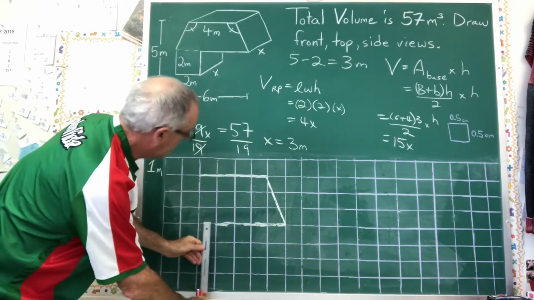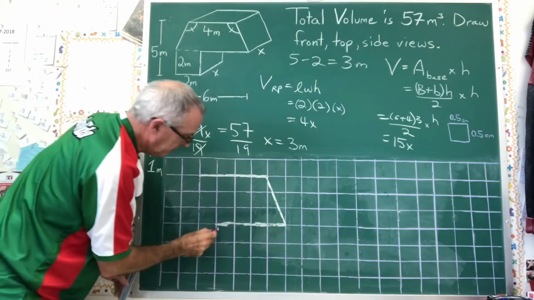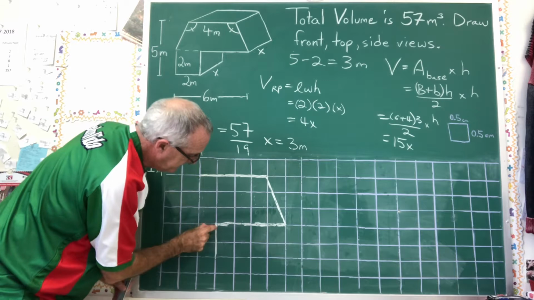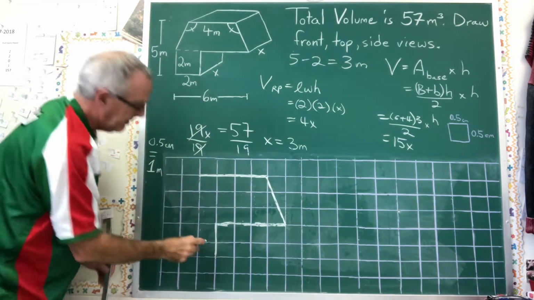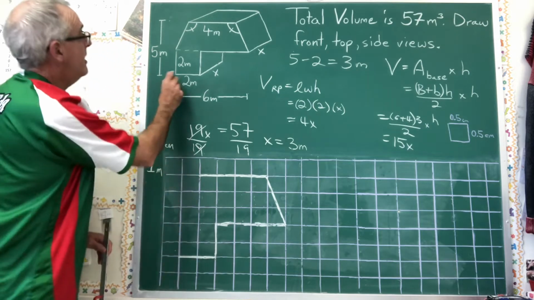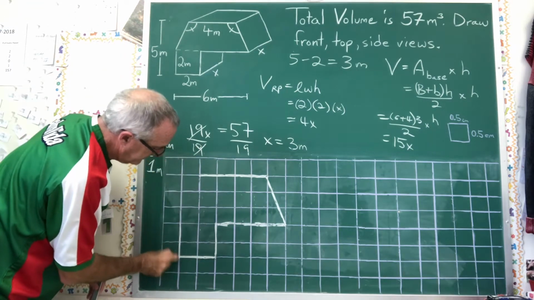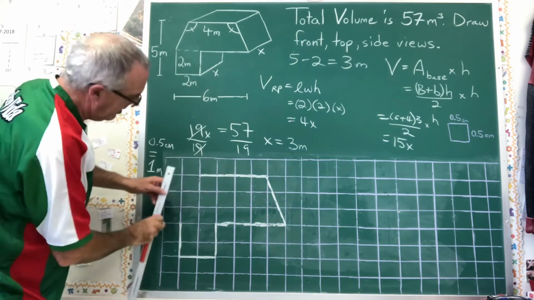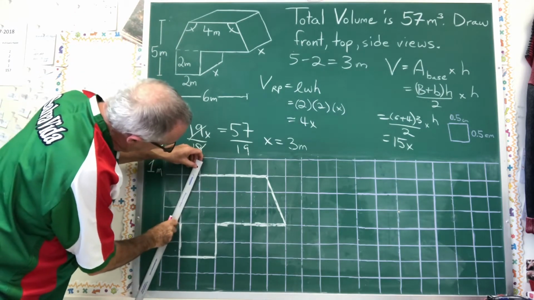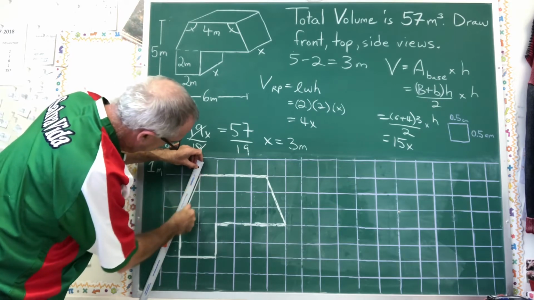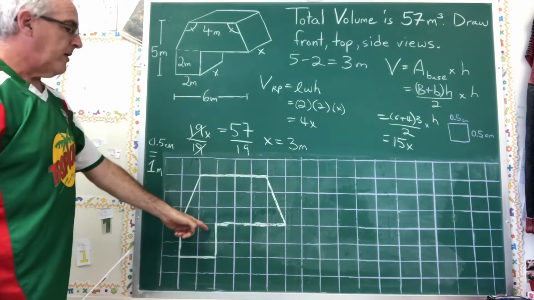Down here, I have to go down by 2 meters, so I have to go down by 2 squares on the graph paper. And across by 2 squares. Up by 2 squares. And now I have to draw another slanted line. So I'll use my ruler so that I can do that a little bit more neatly. I have drawn my front view.